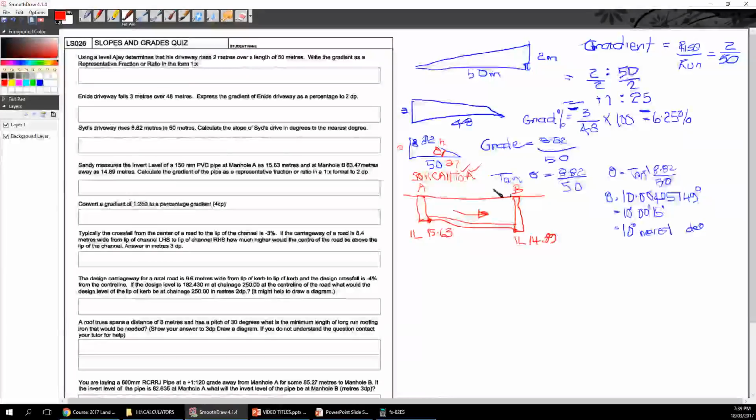And then the distance A to B, which I'll indicate here, the distance A to B is going to be, it says there, 63.47.